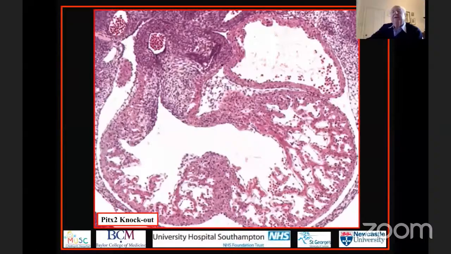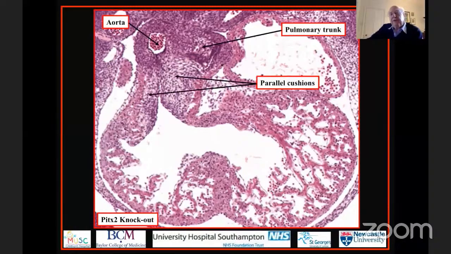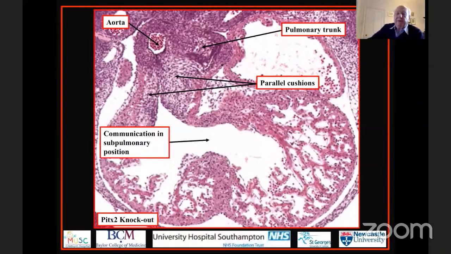But we have other mice, and we know that in these other mice, knocking out the gene for PITX2 commits these mice to the Taussig-Bing malformation. And the thing that determines the connection of the aorta to the right ventricle, the pulmonary trunk to the left ventricle, is parallel rather than spiraling fusion of those proximal outflow cushions.